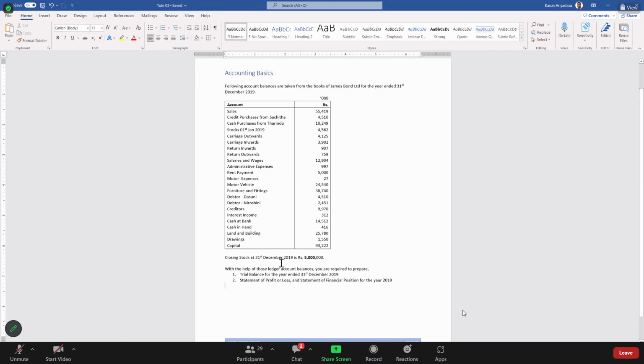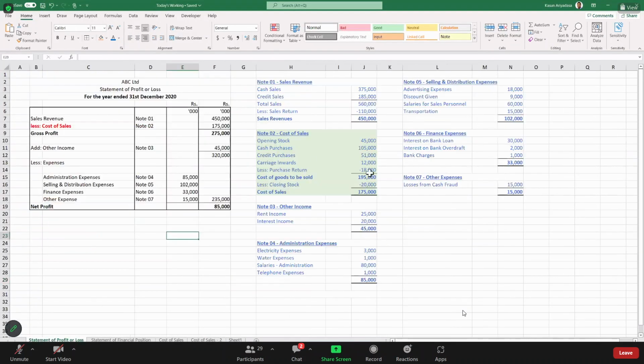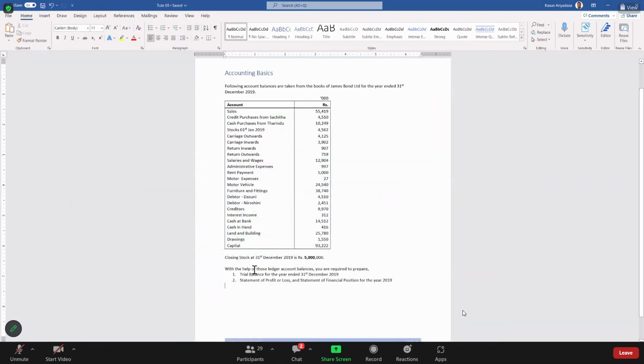When you do this, use the standard format that I will be sending. That's very important. You will have to calculate the sales revenue, the cost of sales, gross profit, net profit, and also prepare the balance sheet or statement of financial position. So that is the homework.